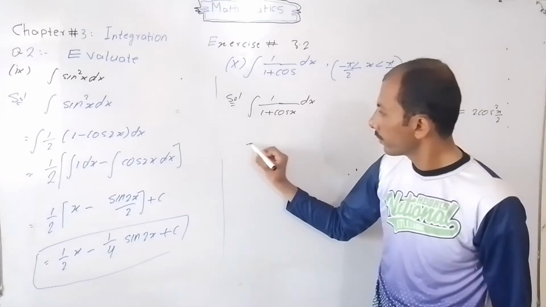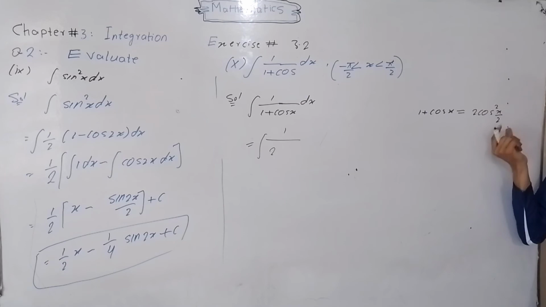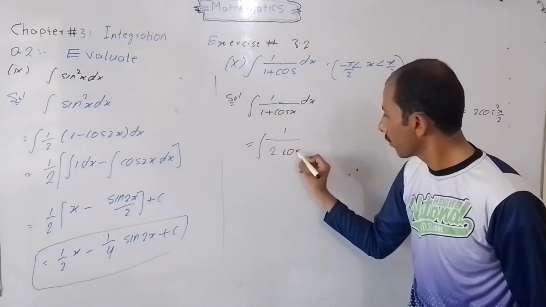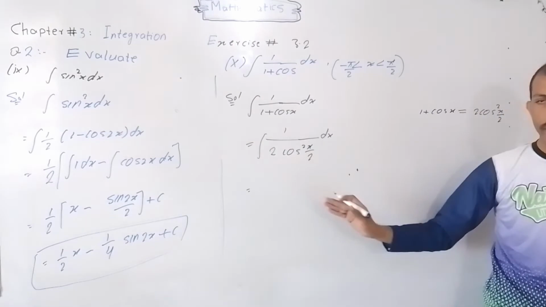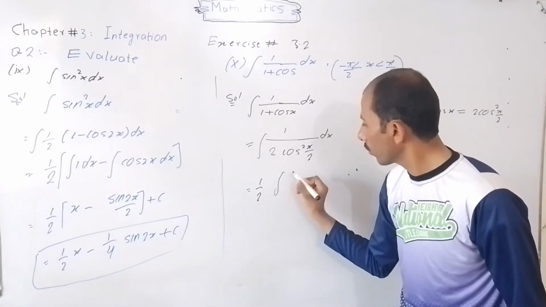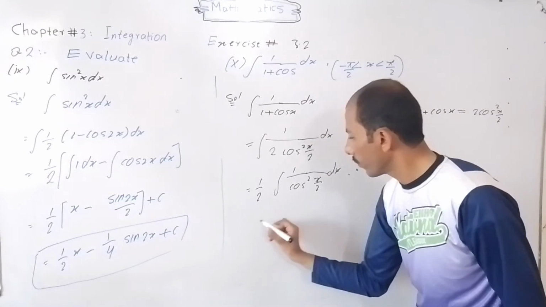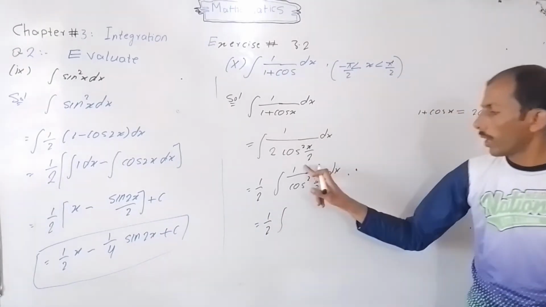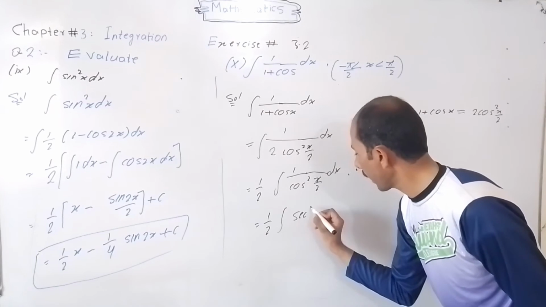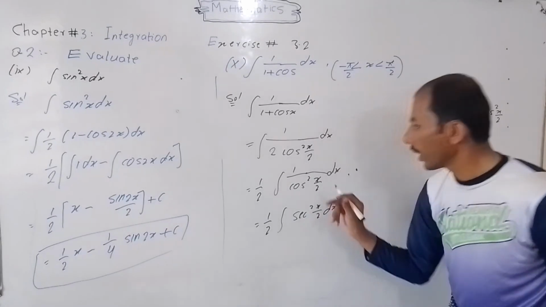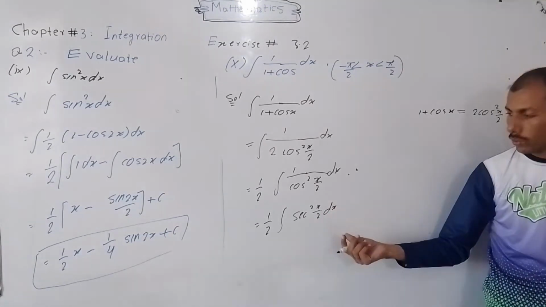So 1 divided by 2 cos square x divided by 2 into dx, which is equal to 1 divided by 2 into 1 divided by cos square x divided by 2 into dx, which is equal to 1 divided by 2 integral 1 divided by cos square x, 1 over cos, so secant square x divided by 2 into dx.